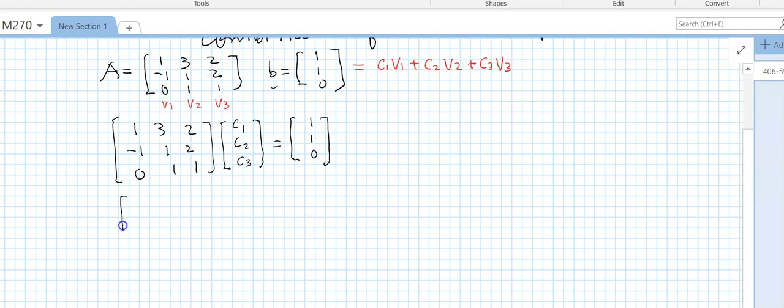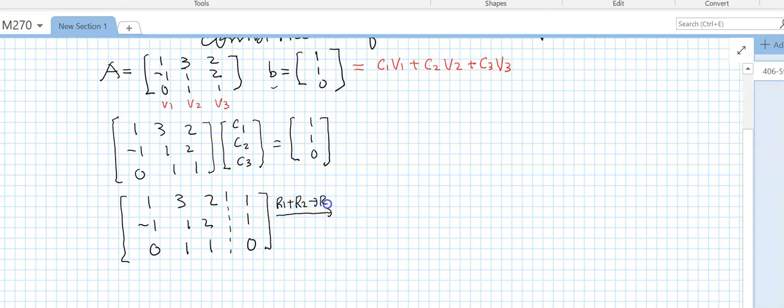So now do Gaussian elimination. Negative 1, 1, 2, 0, 1, 1, and 1, 1, 0. It is obvious that you're going to do R1 plus R2 goes to R2. So I have 1, 3, 2, 1, and then 0, 4, 4, 2, and 0, 1, 1, 0.